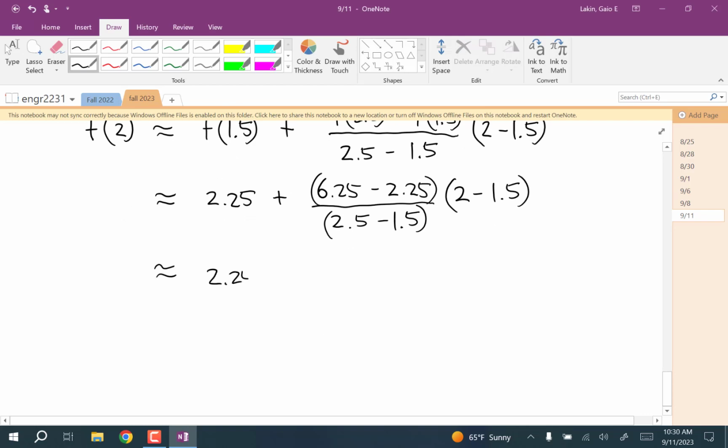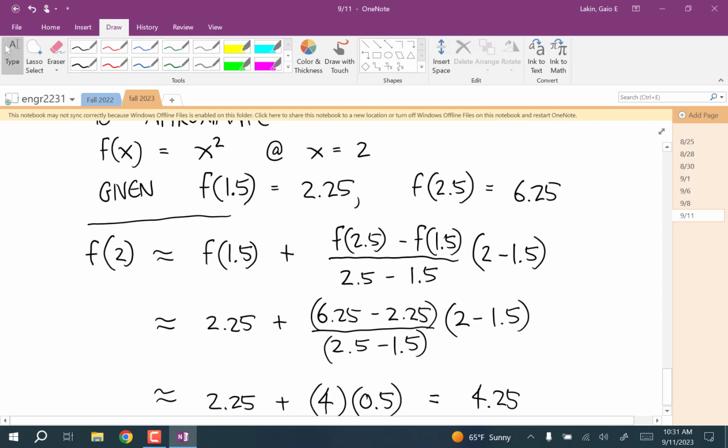And so we get 2.25 plus 4 over 1 times 0.5. And so we get 4.25. Okay. Not perfect, but a lot better than either of those two endpoints would have been at approximating it.